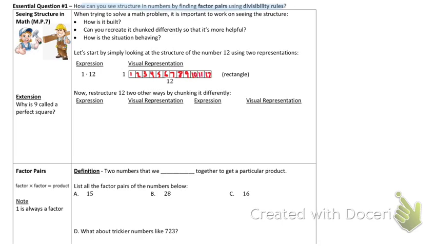This visual representation is a form of structure, recognizing that multiplication can be turned into a drawing. Okay? So that is what I mean by structure. What I'd like you to do is see if you can represent the number 12 using multiplication in two different ways below.